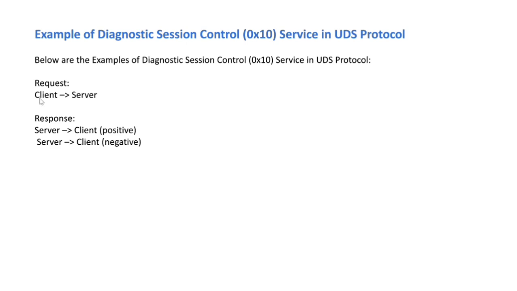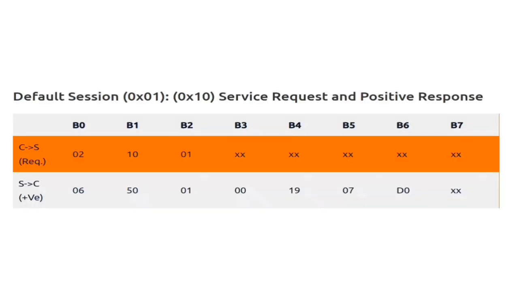Below are the examples of the diagnostic session control service in the UDS protocol. The request will be from client to server and the response will be from server to client. Either it can be positive or negative, but we should be receiving a response from the ECU. This is an example of a default session CAN frame.